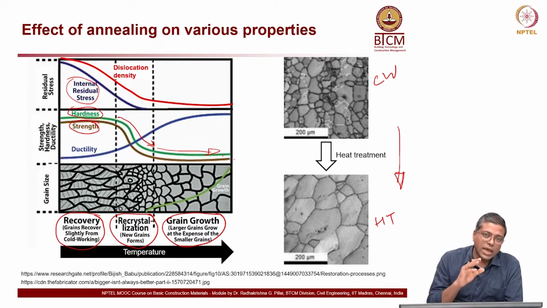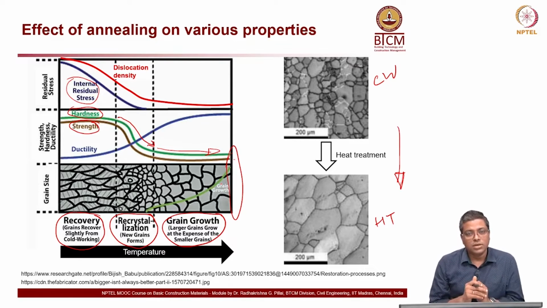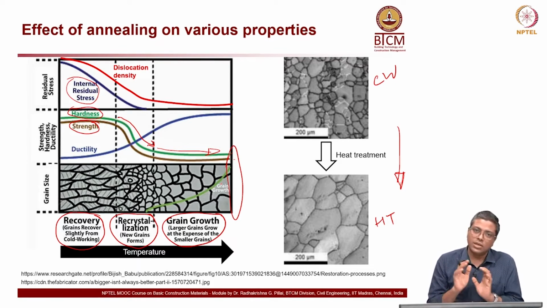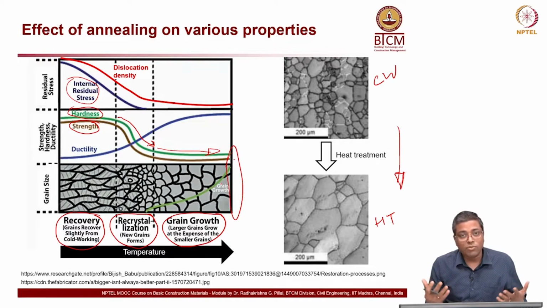At the end, what you want is sufficient strength, sufficient hardness and sufficient ductility. That is the objective, let us say. As long as all these properties are sufficient, it is okay to use that material. So, just because one graph is going downward, you don't need to get worried about it.